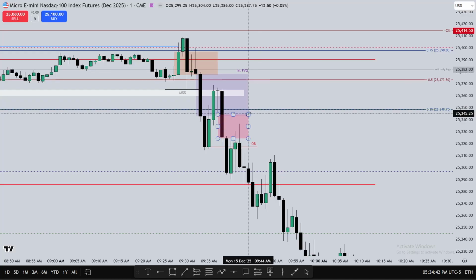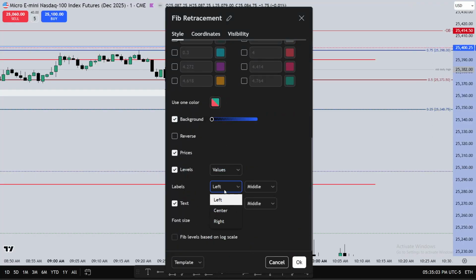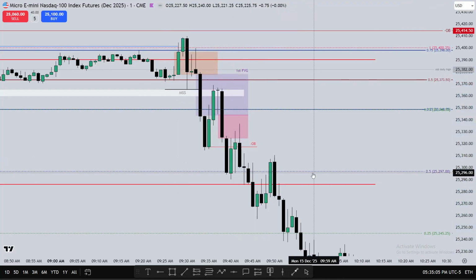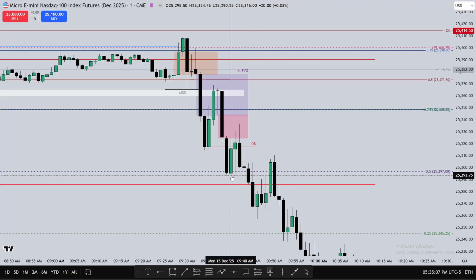Not even reaching the first fair value gap again, not reaching the double quadrant level. Close below it, trade up, easy fair value gap entry. Easy. Look at the bodies. Another drop down, close below this quadrant level here, and I'll move them to the right. Consequent encroachment here, order block as well.